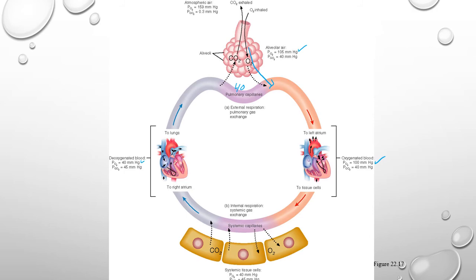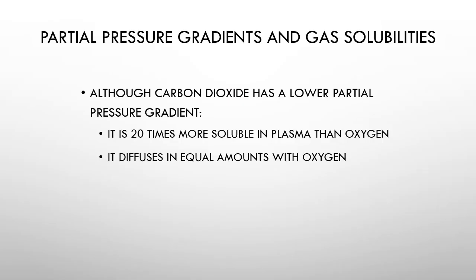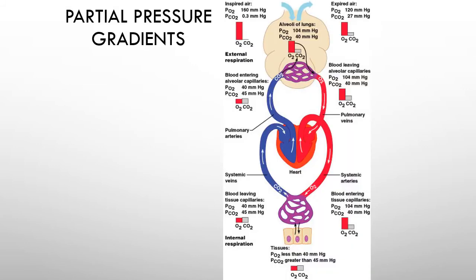CO2 is going to have a similar type of change in the pressures that are there. The thing with carbon dioxide, though, is that it is much more easily dissolved inside the blood, so we can have a much smaller gradient between the two sides.